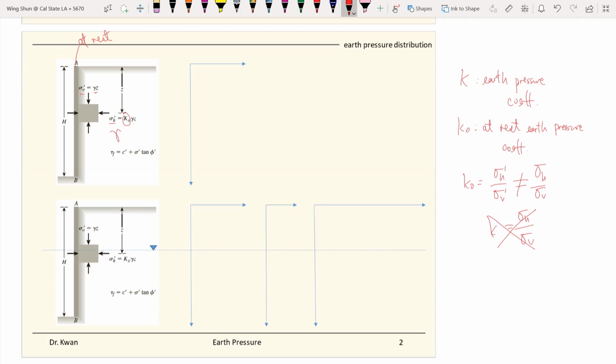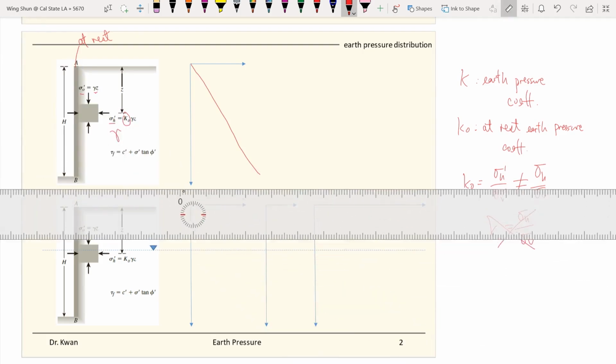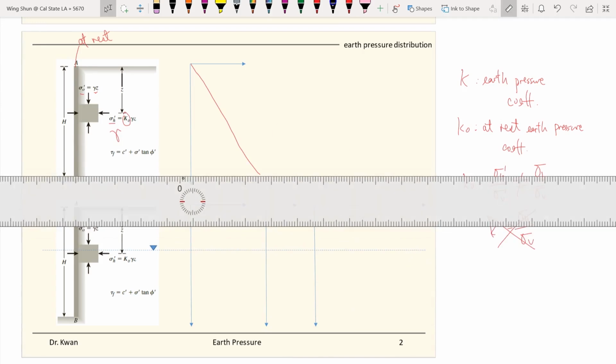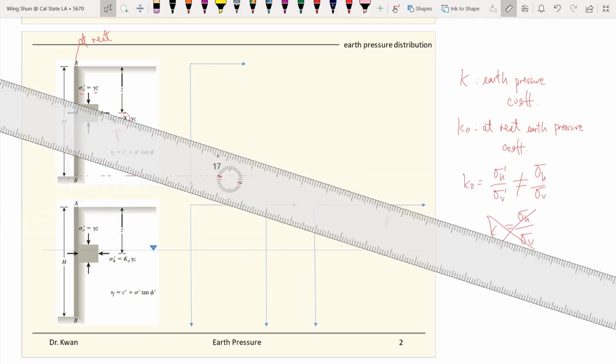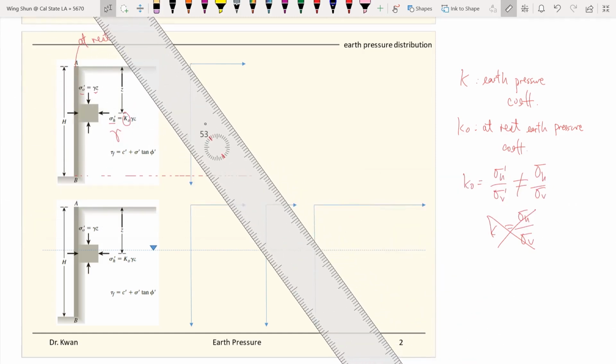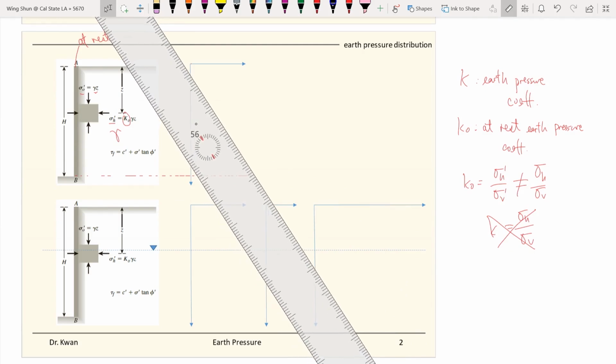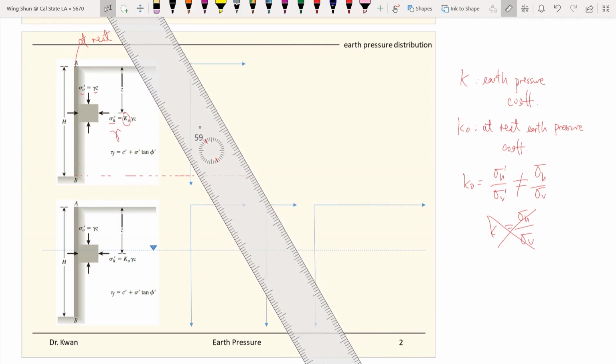Then the stress distribution behind this wall is a straight line. So at the bottom of the wall, right here, it will be a straight line again for the distribution of the stress.